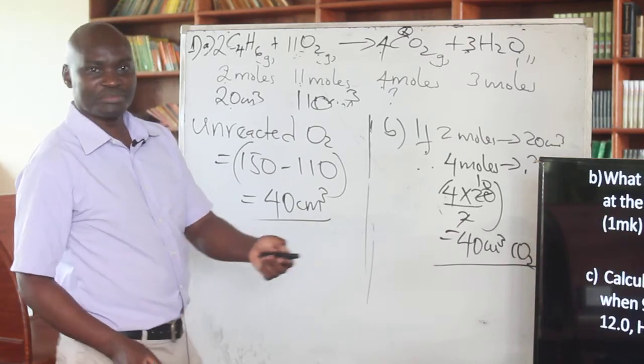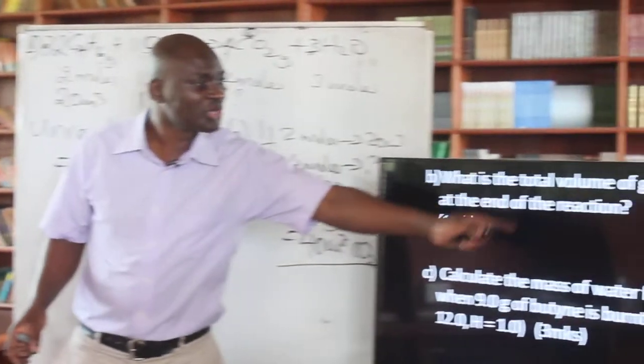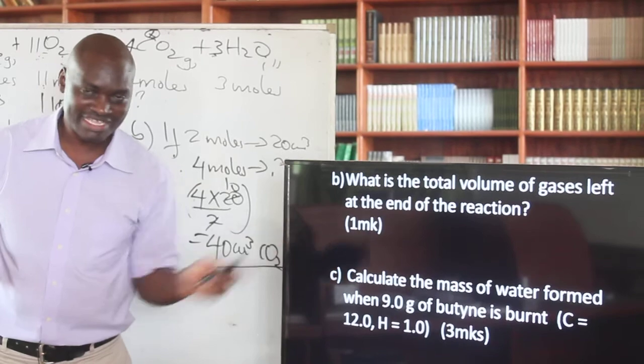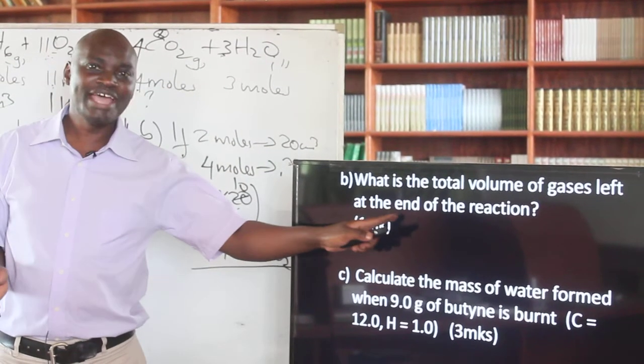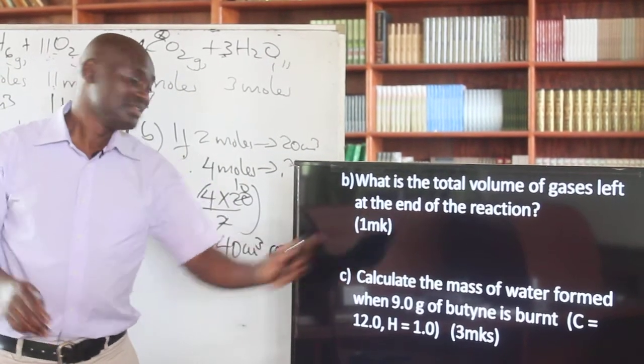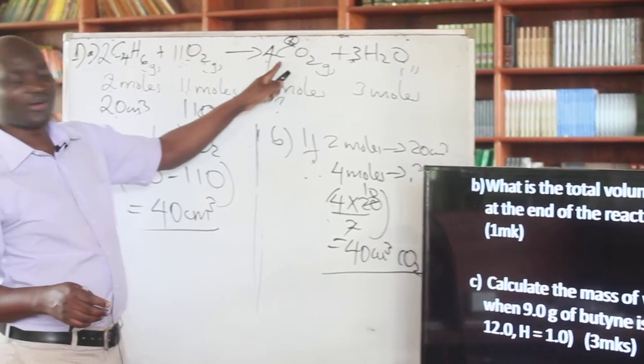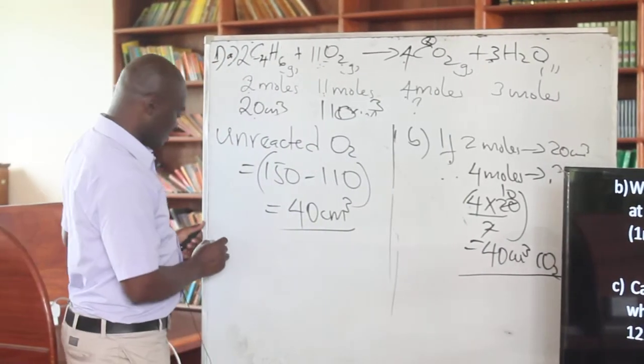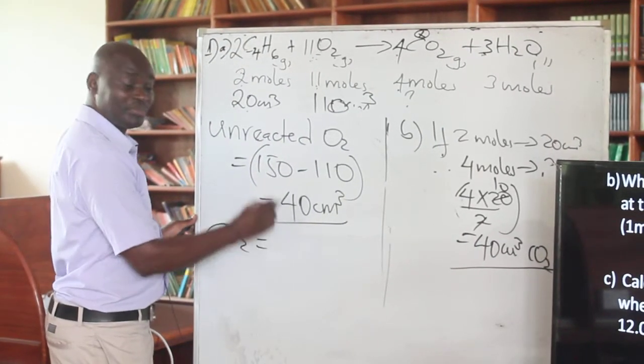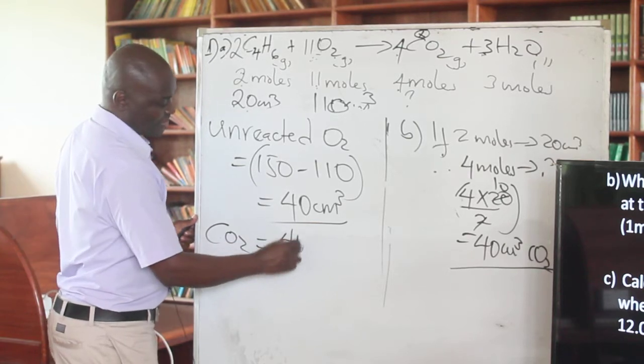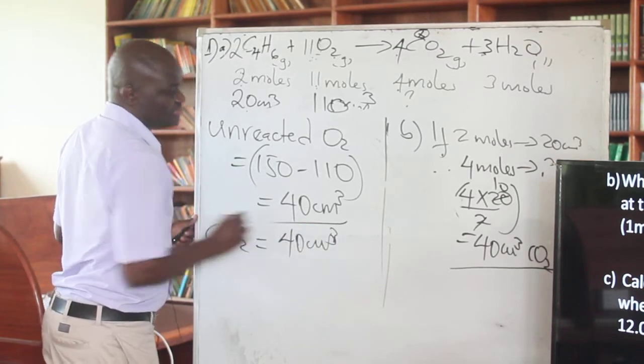in this question, we are going to calculate the total volume of the gases left at the end. So at the end, what else do we have? We have carbon dioxide. The volume of carbon dioxide formed is 40 centimeters cubed.